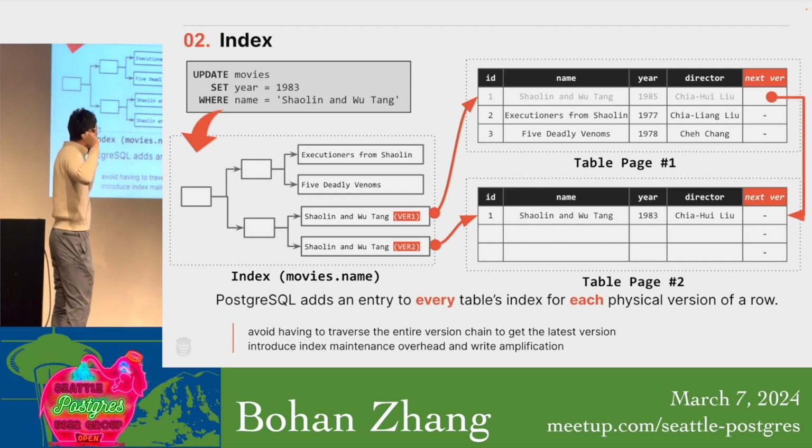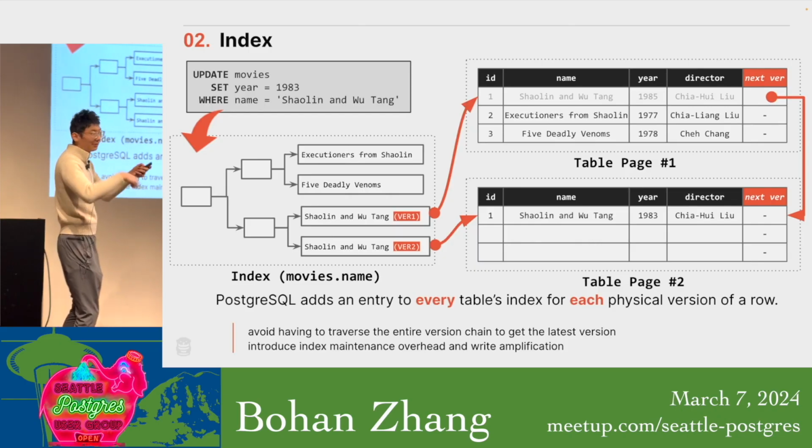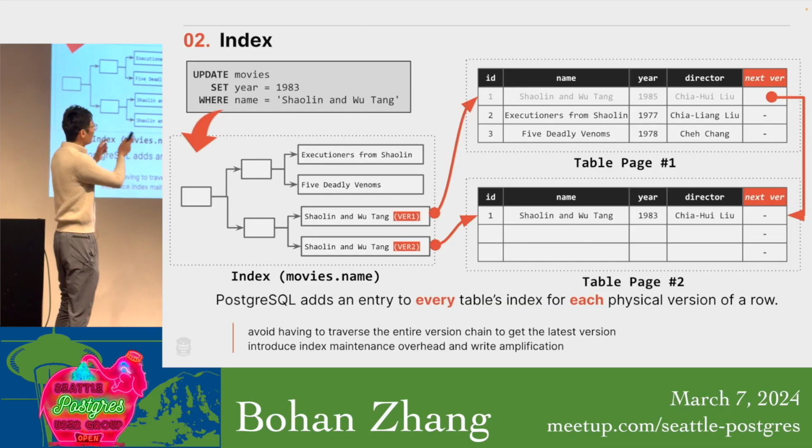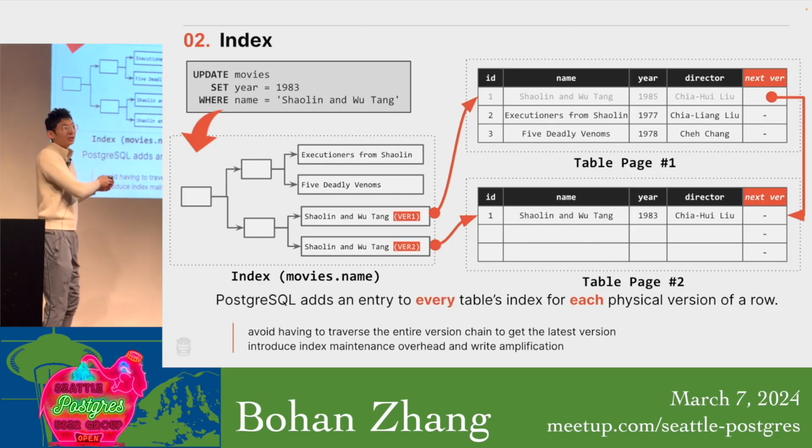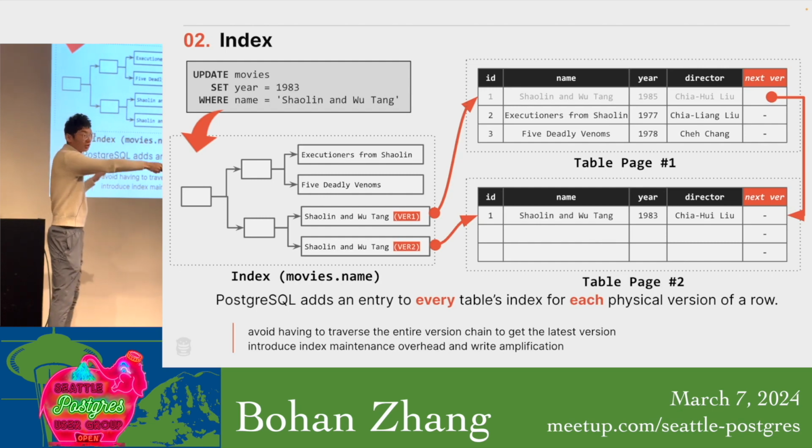So Postgres has indexes. The idea is that when we update a row, it also adds an entry in your index. So basically, in this example, there are 2 table versions, the old version and the new version. And in the index, on the left side, for each version it has an entry. So entry 1 points to the old version, and entry 2 in the index points to the new version.